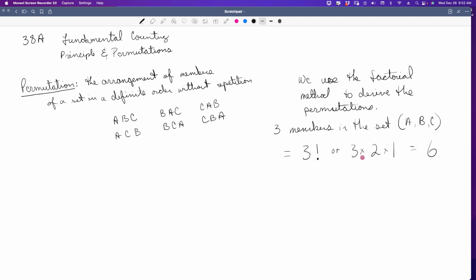So in this case, it would be 3 times 2 times 1. Well, that's 6. And there are 1, 2, 3, 4, 5, 6 unique arrangements or permutations with the set ABC. That's permutations.